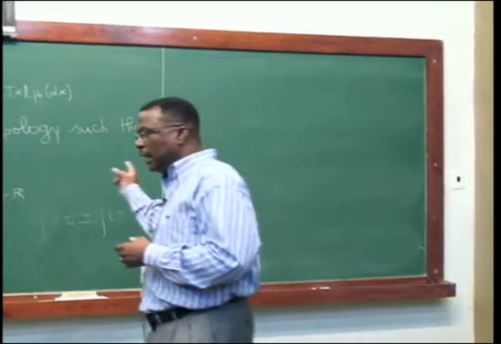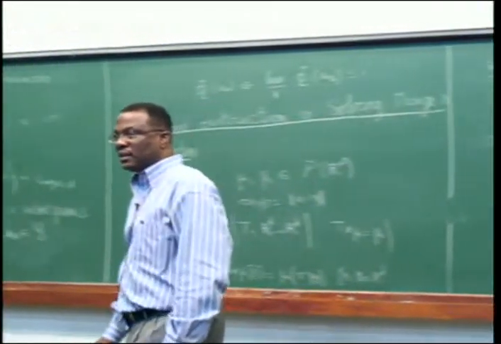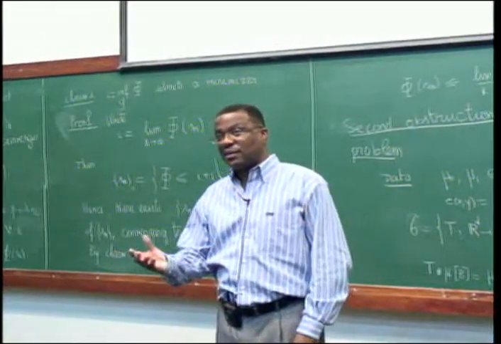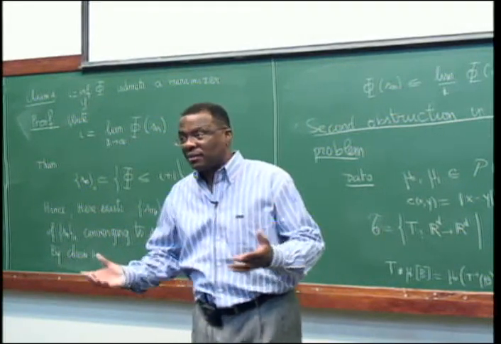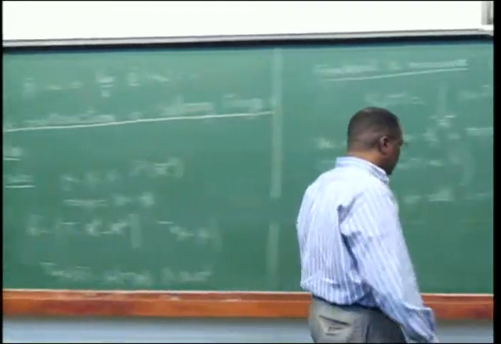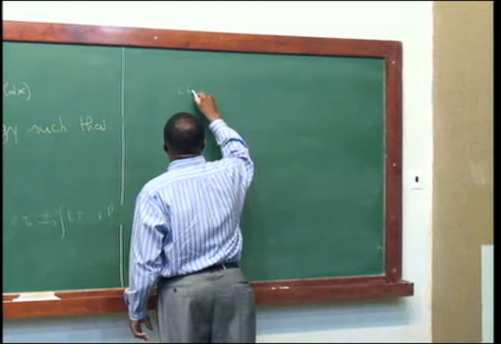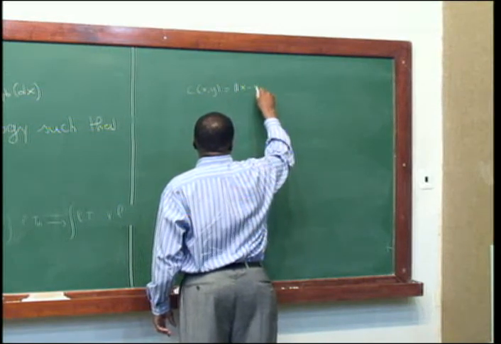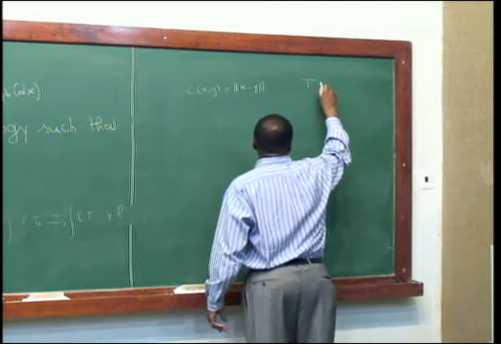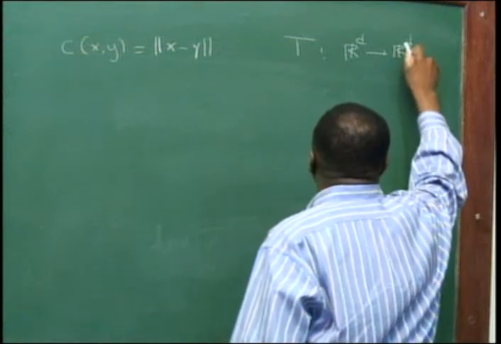Okay. So let me tell this story, which is interesting about mathematics, pure mathematics, and abstract mathematics. So Monge formulates his problem for C of x,y equal to the norm of x minus y, and for T a Borel map from R^d to R^d.